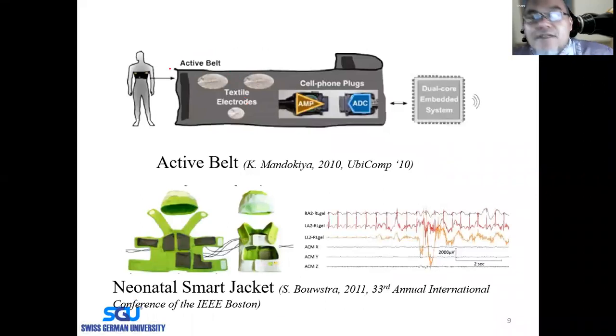This is another example, an active belt. This is a kind of biomedical instrument that can measure ECG. It has this textile electrode, and it can measure the ECG signal as a wearable ECG. It also includes, integrated into the belt, the amplifier as well as an analog digital converter, which then sends the digital signal data to a dual core processor embedded within this belt.